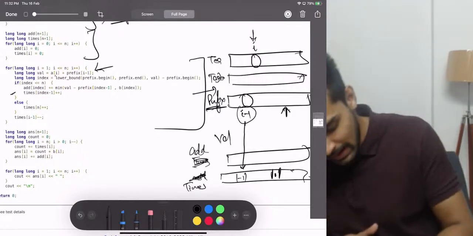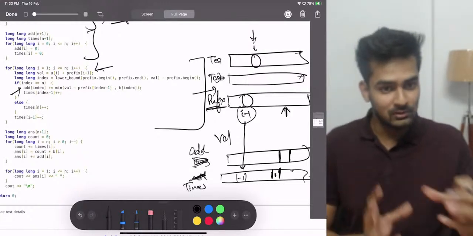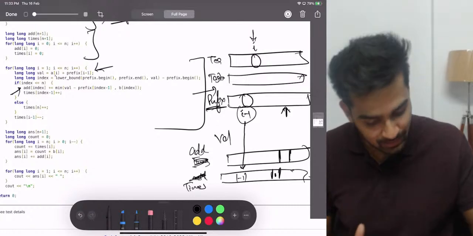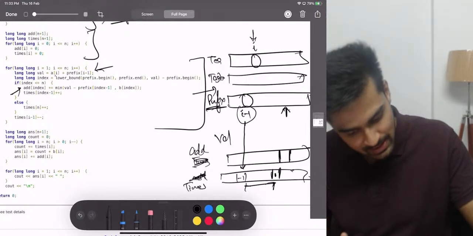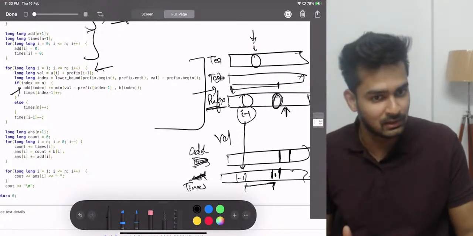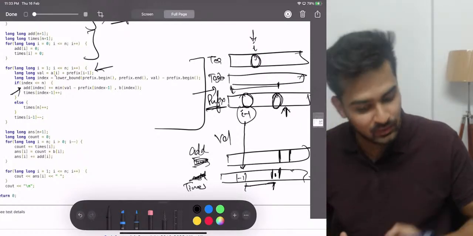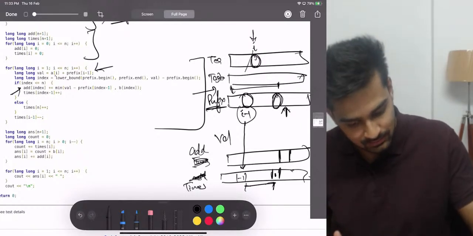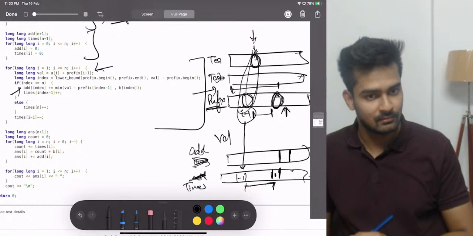For this particular index in add, I just put down the remaining value that I might be left with after consuming all these t's. How am I finding this? I know the summation of all the t's till this point. This is nothing but prefix of this point. I know that this a_i actually contained this value as well. If I subtract these two values, I will get the summation of the remaining value.